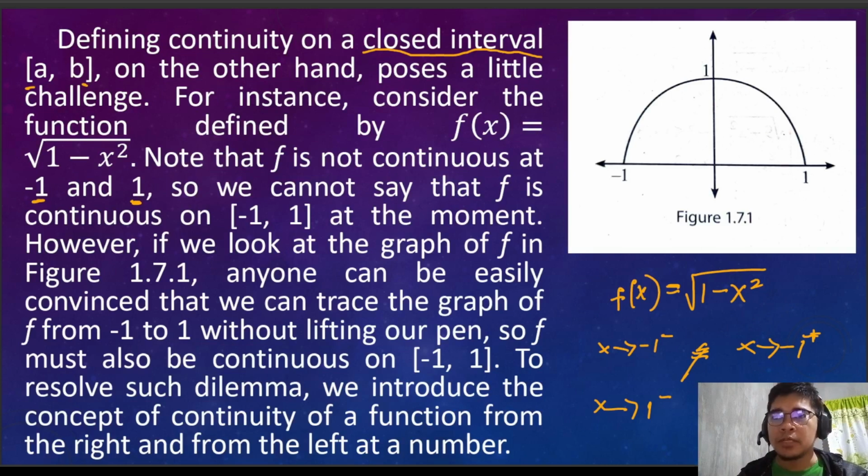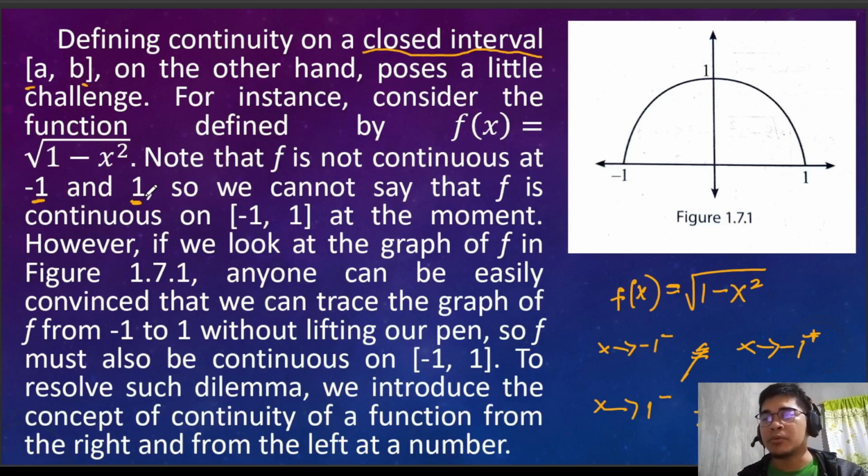Pero pag greater than 1, 1.5, 1.01, we cannot have the limit, since magiging negative ang atong sud sa radical sign. Kay mahimong greater than 1, so 1 minus greater than 1, we can have negative. So we cannot have the radical result if we have negative inside. So still does not exist.